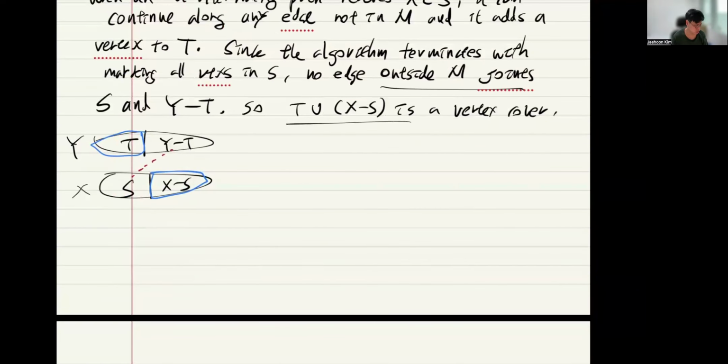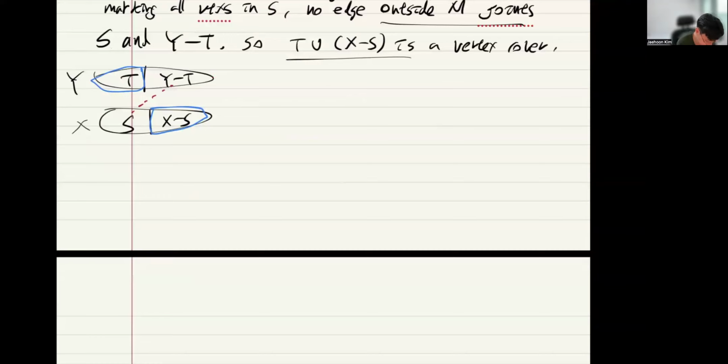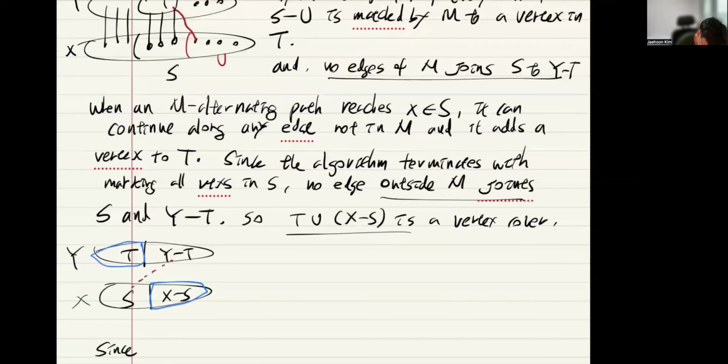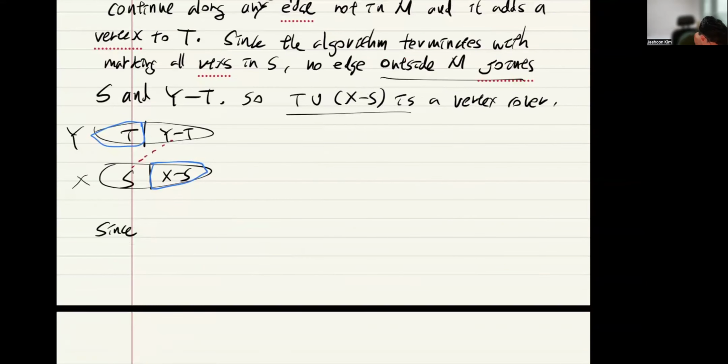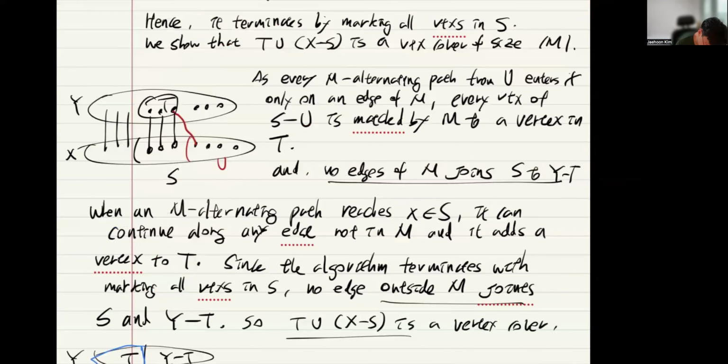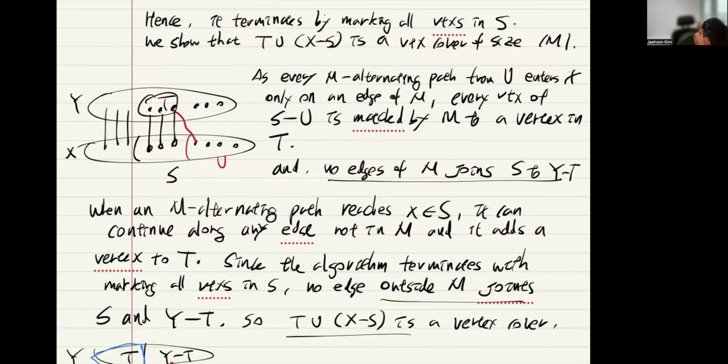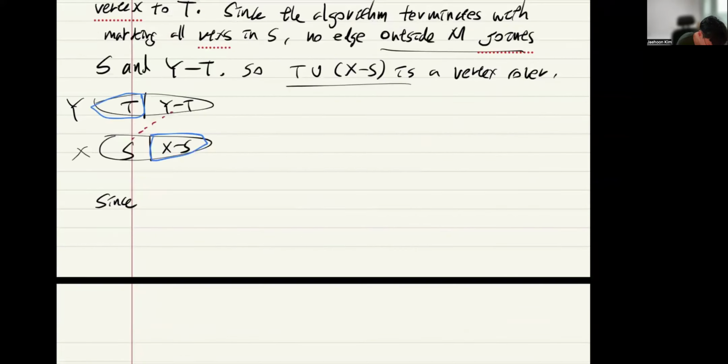Okay, and now we just have to check that this has the same size as M. What do we know? As in this picture, all vertices in T are matched on an edge in M. If we found an M augmenting path, then this would be added to T, but that didn't happen. So we are at the termination without finding any M augmenting path.